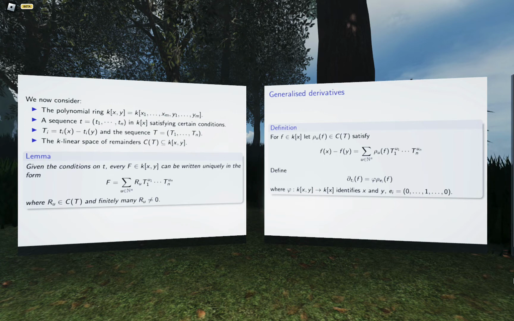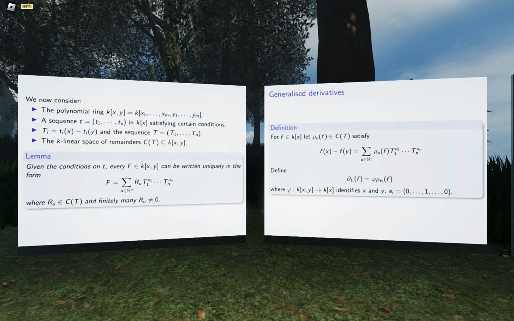So this sequence of capital T's here, what we're interested in, a factor of our definition, will be the space of remainders of division by this sequence of differences. So C of capital T as a subspace of K[x,y]. So this little sequence t satisfies certain conditions.